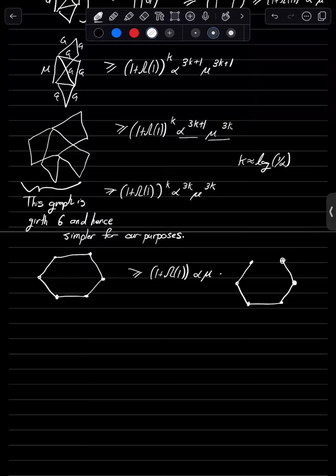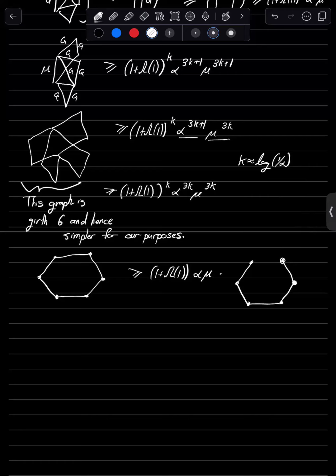So I'm removing one edge and I gain a factor of alpha times mu times some constant. The reason you can do this is, suppose this didn't happen, then you could go from the 5 path, remove an edge, and at one of these steps you have to have such a boost. So this is some kind of telescoping to get here. So this is the central thing.